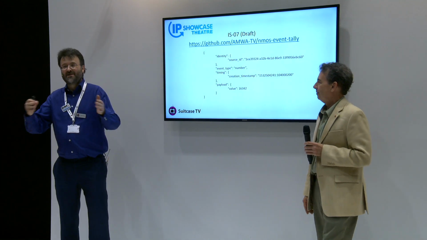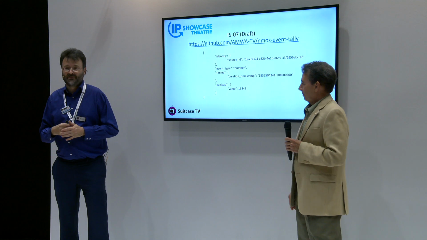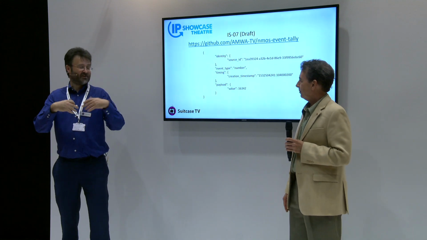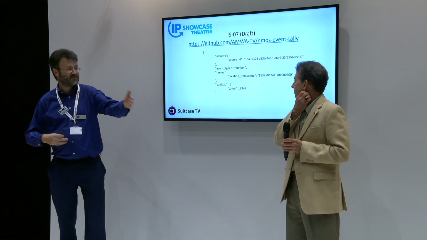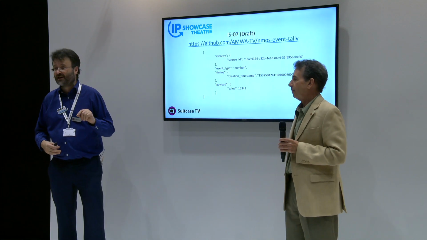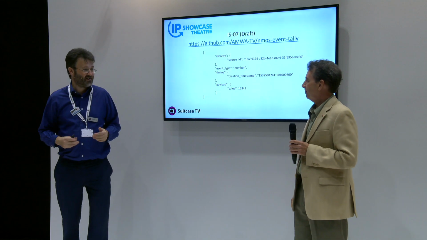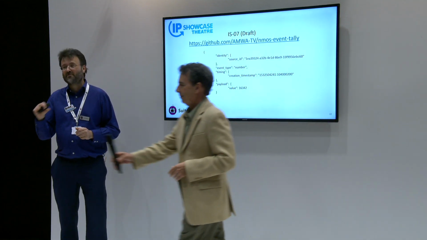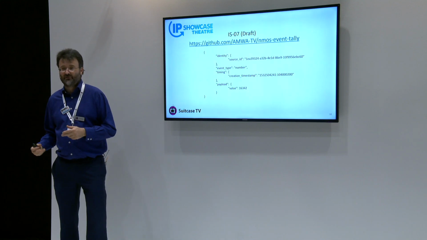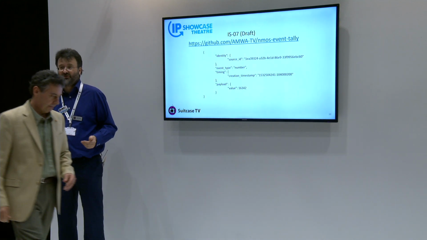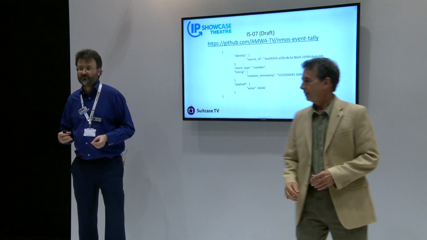But to make it work across multiple vendors, well, all we have to do is have a way of communicating, and then we can map it onto it, and we can discover what capabilities that device has by asking the IS-04 registry. And that, for me, is the point, that people who make control systems can use this to discover the capabilities of all the interface points in and out of the system.